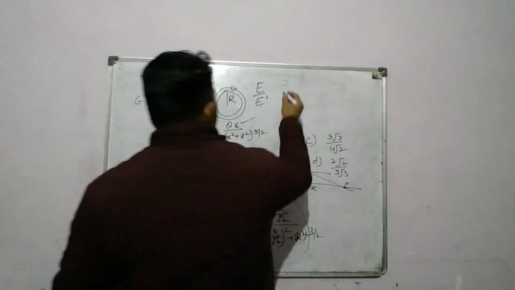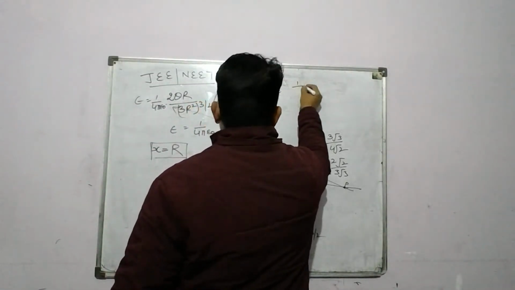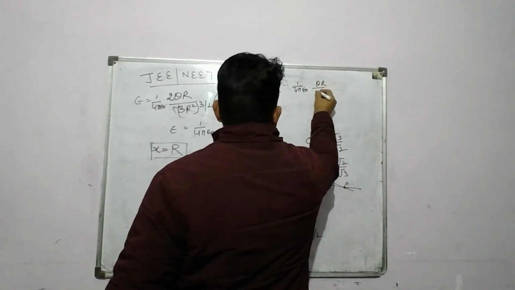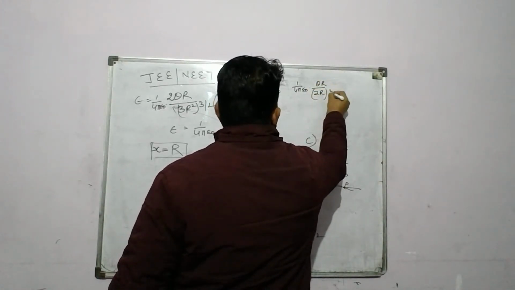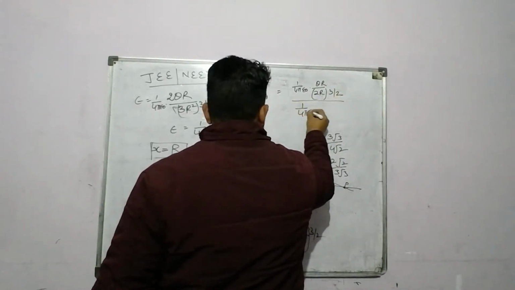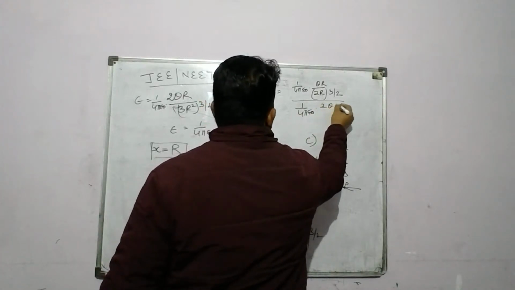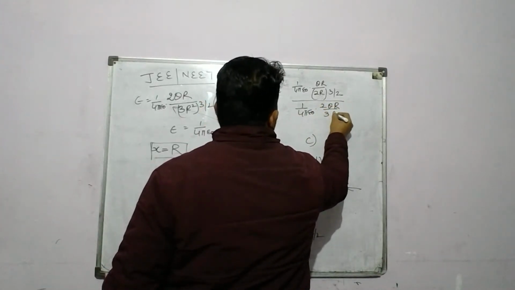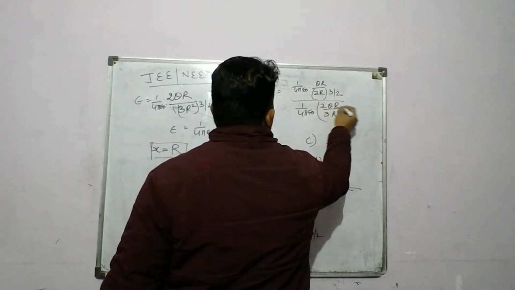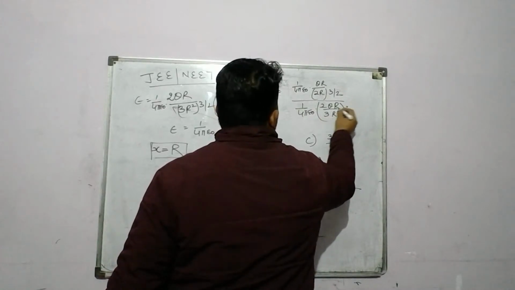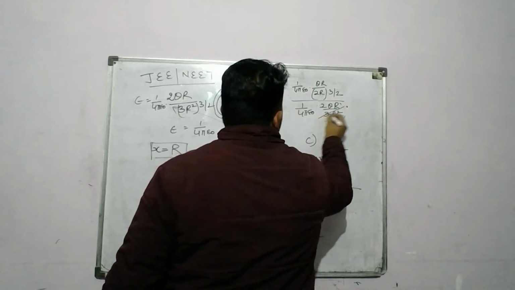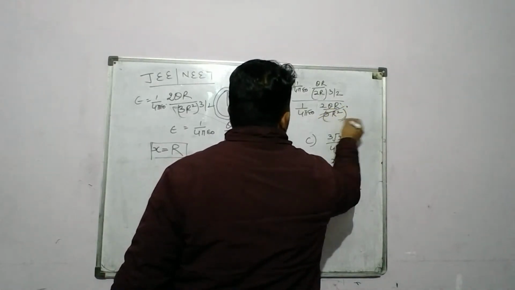In the first case, that is equal to 1 upon 4 pi epsilon 0 qr upon 2r raised to power 3 by 2 divided by 1 upon 4 pi epsilon 0 2qr divided by 3r square raised to power 3 by 2.